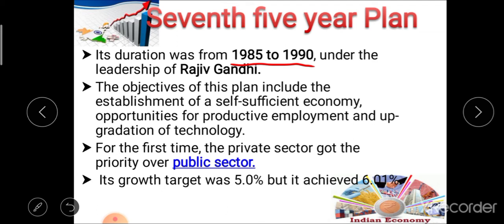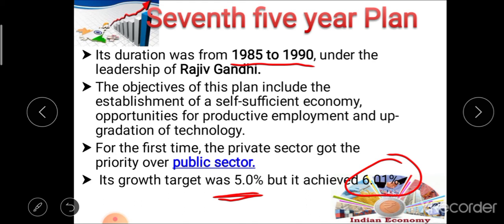For the first time, the private sector got priority over the public sector in the seventh 5-year plan. That means during this plan privatization was taught, and the growth rate achieved was near about 6.1%, which is more than the targeted growth rate of 5.1%.